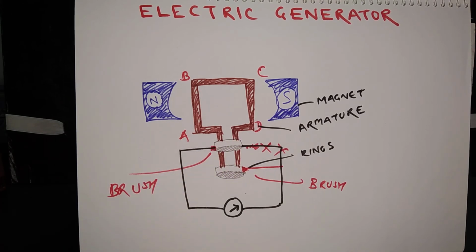So in the case of a generator, the direction of current changes after every half turn, and that is why this current is called alternating current. To make it a direct current, you need to put a split ring commutator instead of these rings, and that will make it a direct current, and that is how the electric generator works.